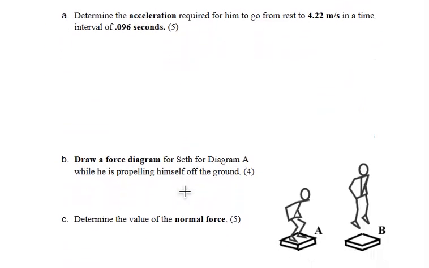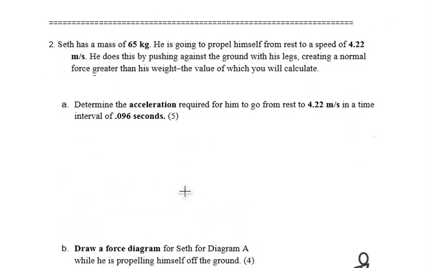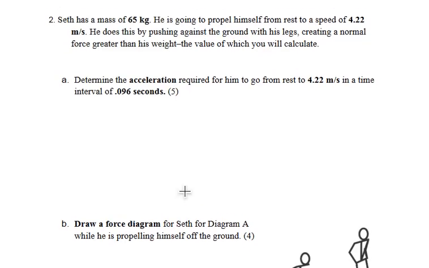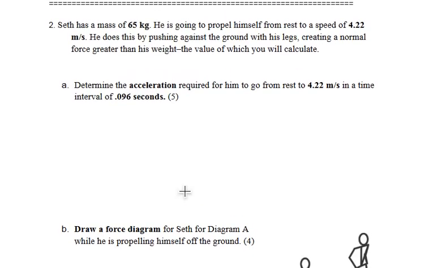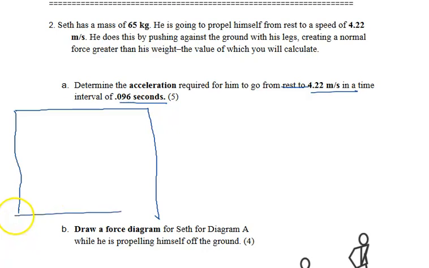Okay, number 2, Seth is jumping. Question A says, determine the acceleration required for him to go from rest to a certain speed in a time interval. So speed and time absolutely have to do with old school.